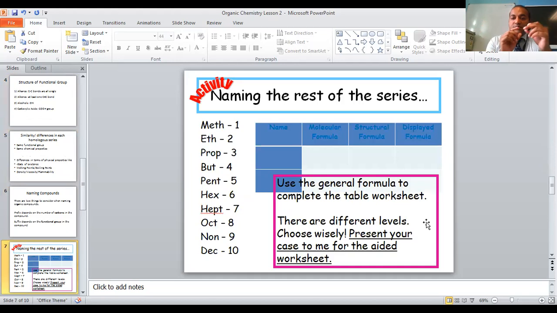The naming for all the organic compounds follows this standardized pattern from IUPAC, International Union of Pure and Applied Chemistry. So for the first one, which is new for us, is meth. I'm going to write it down for you here.